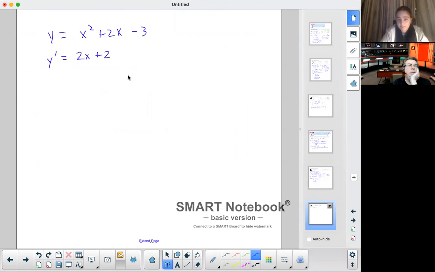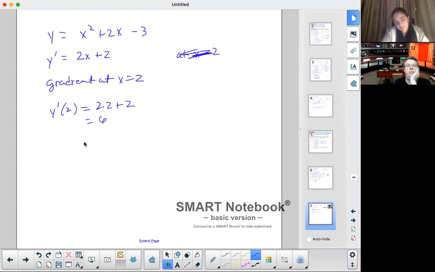And let's just do at, I don't know, x equals 2. The gradient is 6. So that would be y prime of 2. I'm just doing this for your notes. Equals 2 times 2 plus 2, which is 6, right?